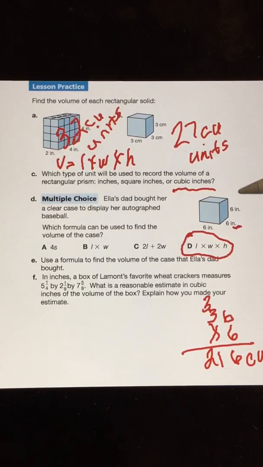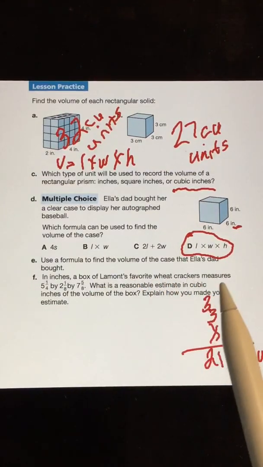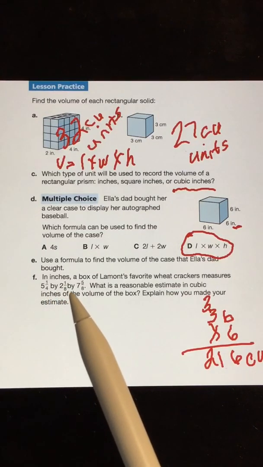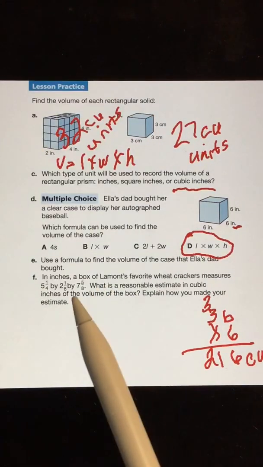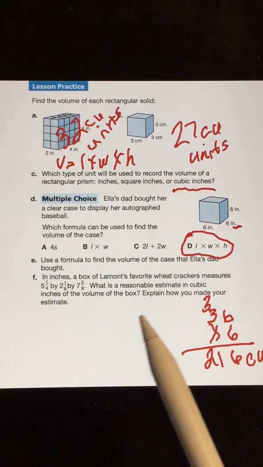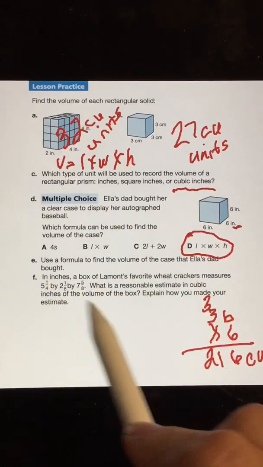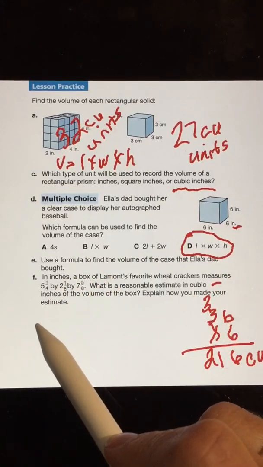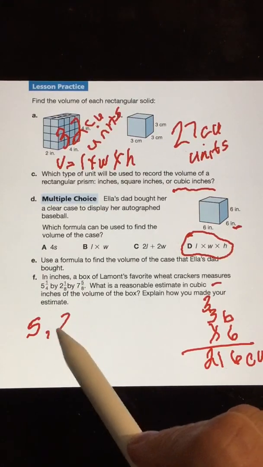So in inches, a box of Lamont's favorite wheat crackers measures 5 1/4 by 2 1/8 by 7 5/8. So I need to first find a reasonable estimate for these. So 5 1/4 will become just 5, right? 2 1/8 will become just 2.